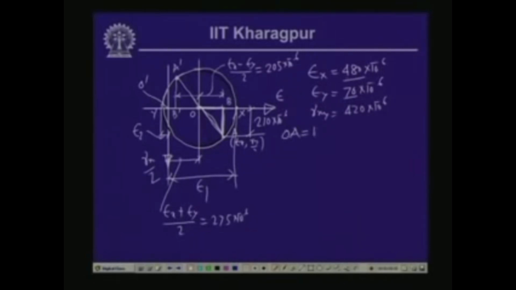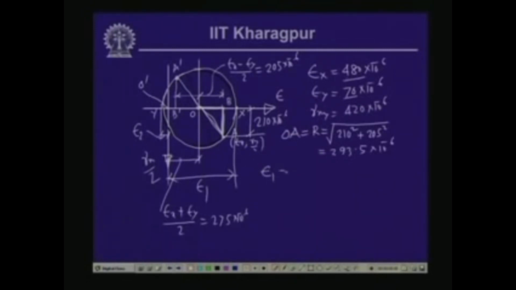OA is equal to radius r, which is equal to the root of 210 into 10 to the power minus 6 squared plus 205 into 10 to the power minus 6 squared, and this gives us a value of 293.5 into 10 to the power minus 6. Hence, let me first compute the principal strain epsilon 1.